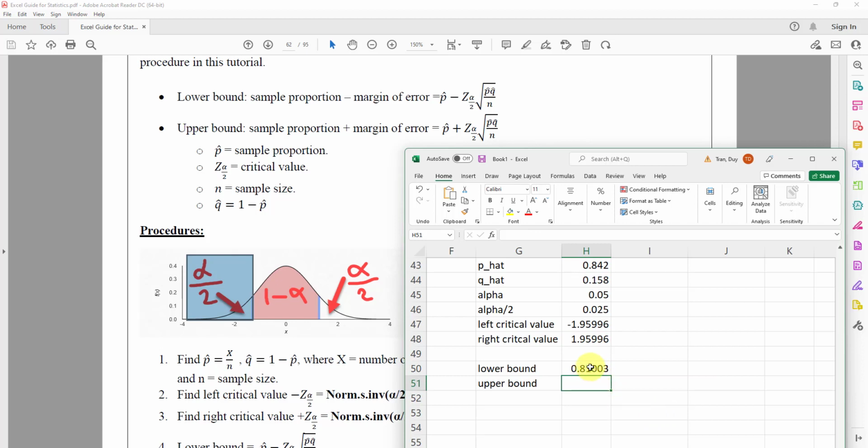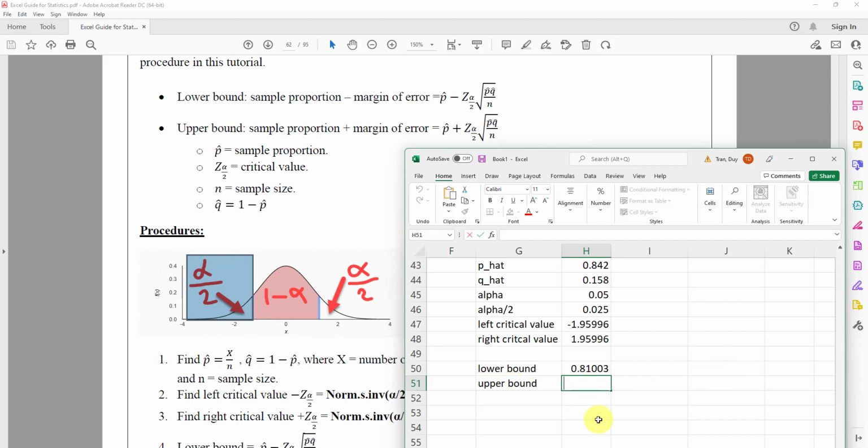And that is your answer. The lower bound is 0.81. Now we can just copy the whole thing, and then we go down here for the upper bound.